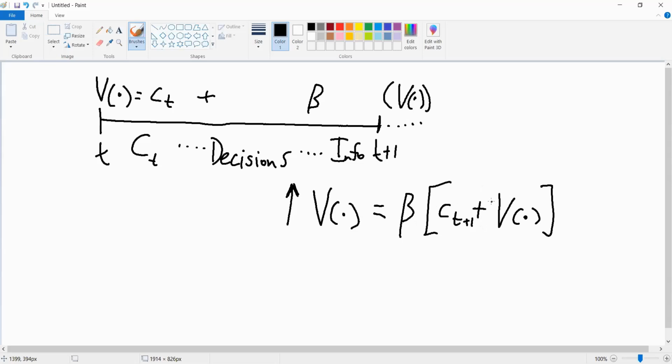And in a search context, that's going to be very useful because it turns out that in the discrete time environment that we're using, the value function that we get when we write things down in that way is going to look exactly the same as the value function we get if we were working in continuous time.